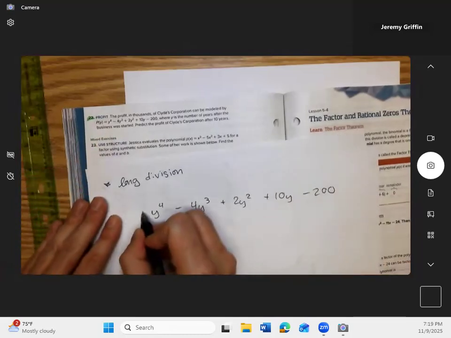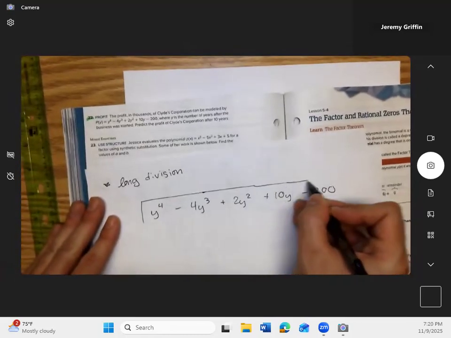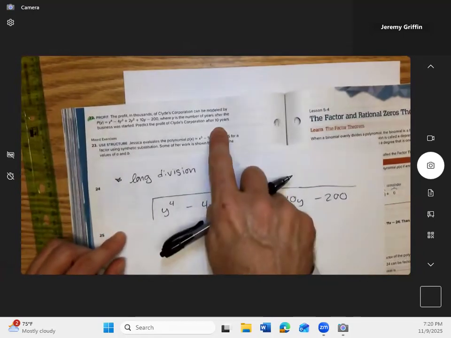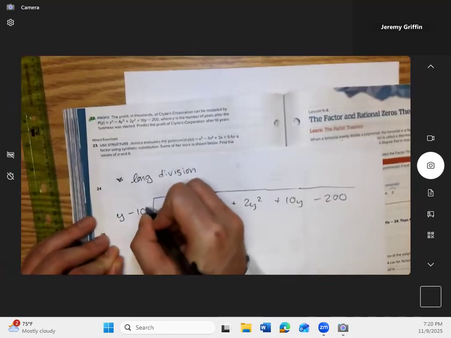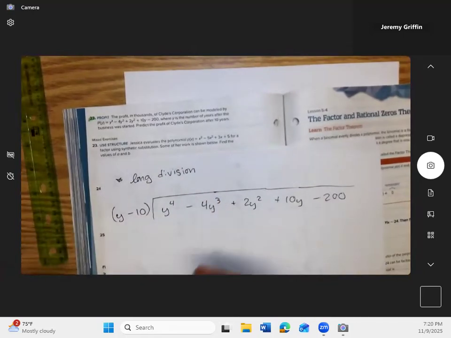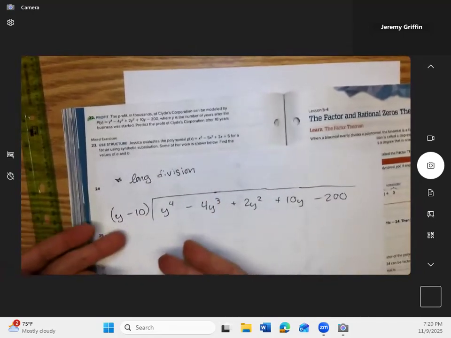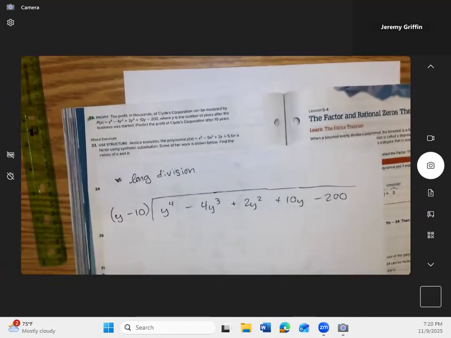Now we're trying to plug in 10 years. So the way to do that with long division is to write y minus 10. It's like x minus a, except instead of x it's y, and then a in this case is 10.